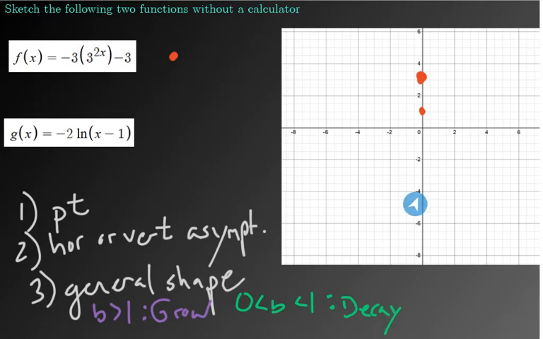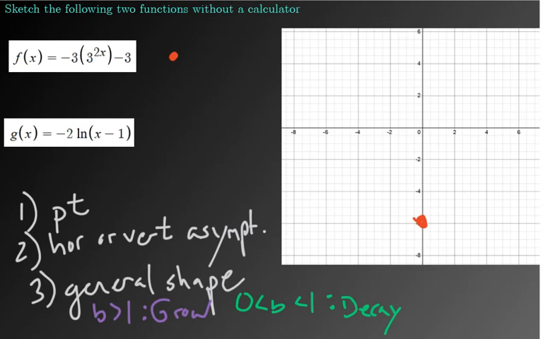Then the flip happens. You're down here, negative 3. And then the shift down 3 happens. So now you're at negative 6. So that is where the point is, right? It just went 0, 1, 0, 3, 0, negative 3, 0, negative 6.